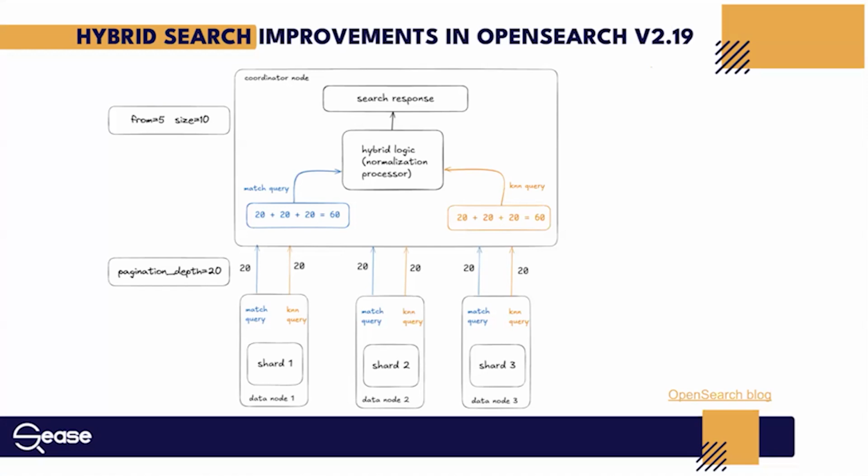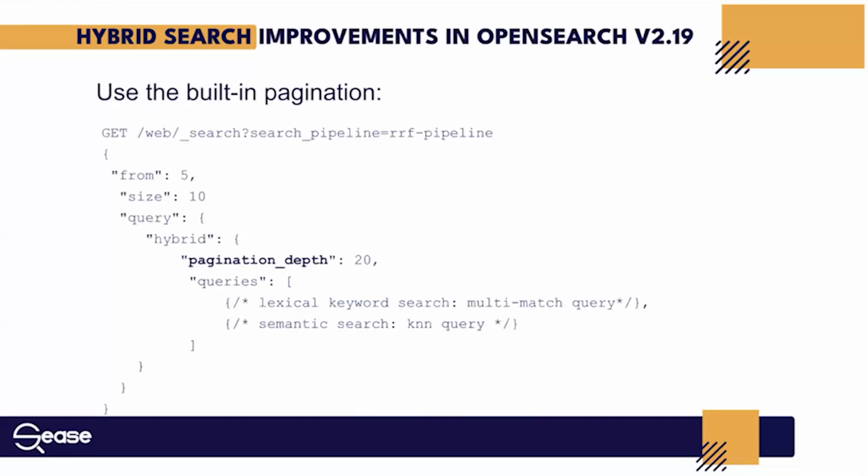But once you reach the 100th one, there's a huge limitation, because the pagination depth is fixed, so you cannot dynamically update it. If you update it, you might get inconsistent results. So we have to be very careful about what number we choose, depending on how many data nodes and shards we have.